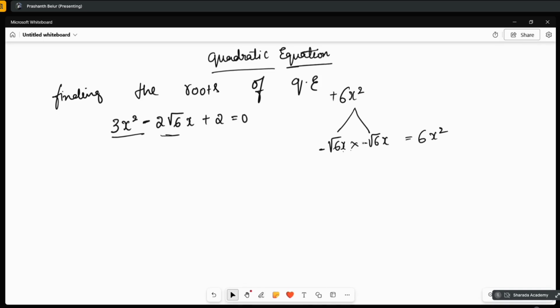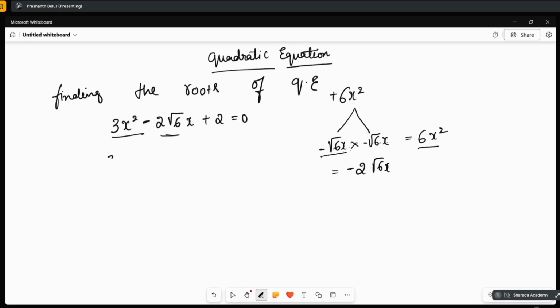Minus root 6x minus root 6x, if I add, I get minus 2 root 6x, and if I multiply, I get this. So now I can split into minus root 6x and minus root 6x.